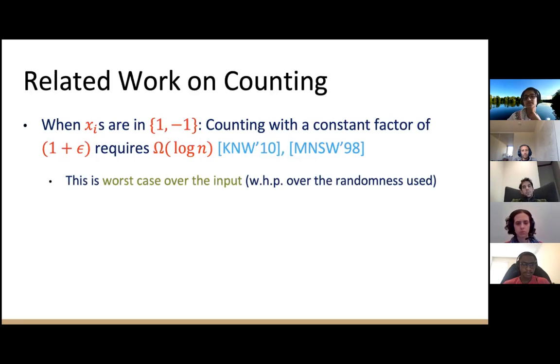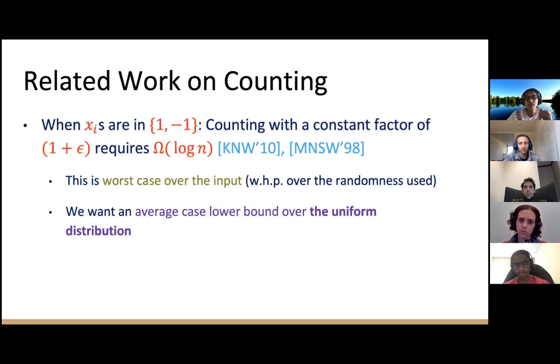That is, it shows that a streaming algorithm that is correct on every input stream, that is, approximates the count of every input stream within a constant factor with high probability over its randomness, requires omega log n space. But we want to prove an average case lower bound, that is, lower bounds for streaming algorithms that work with high probability over the uniform distribution.